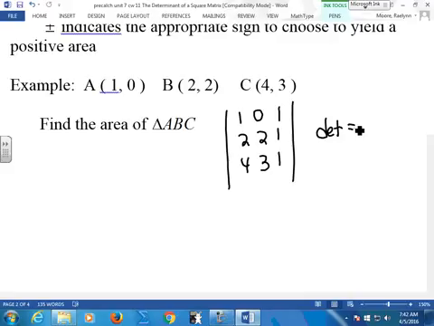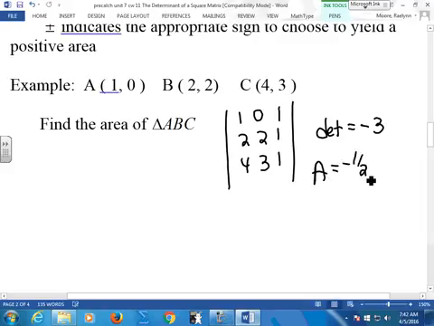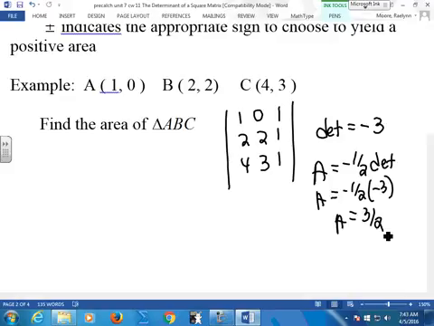What's the determinant? I got -3. Sounds good to me. Now, because this is negative, you're just going to use the negative part of your formula, so that we can multiply -1/2 times -3, and your area will stay positive. It beats the heck out of graphing this thing.